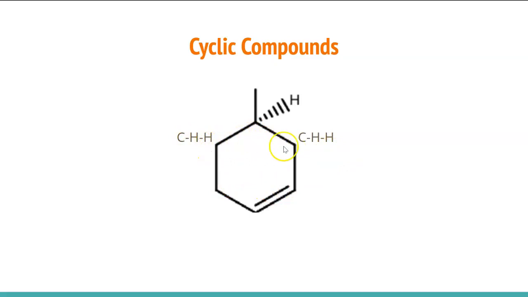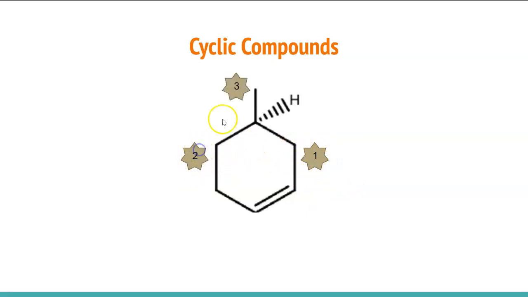So these 2 carbons here are the same, we have another same carbon, and we finally get down to this one down here that's attached to the double bond. This one is different.